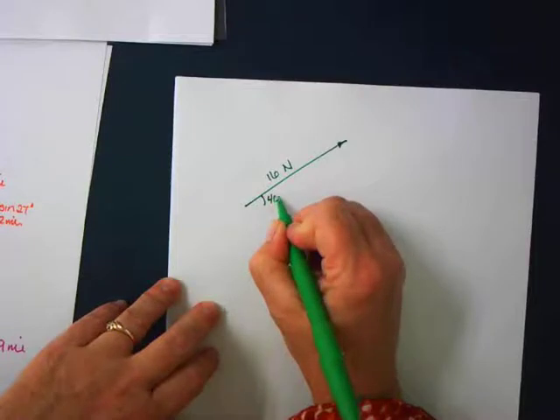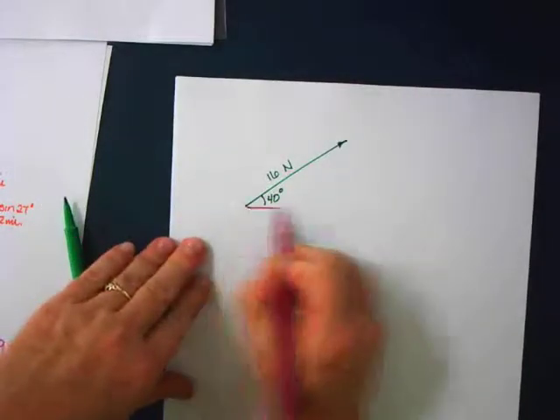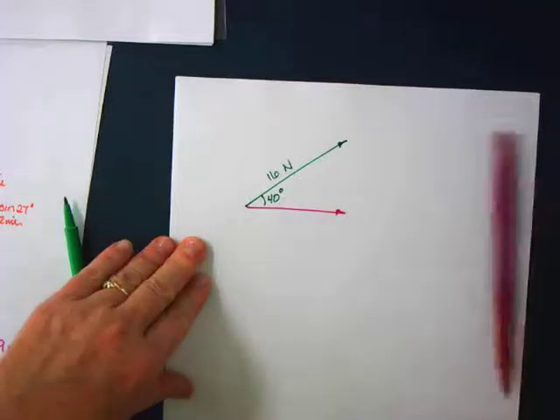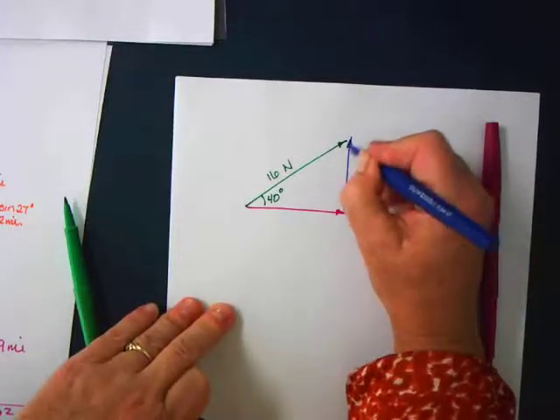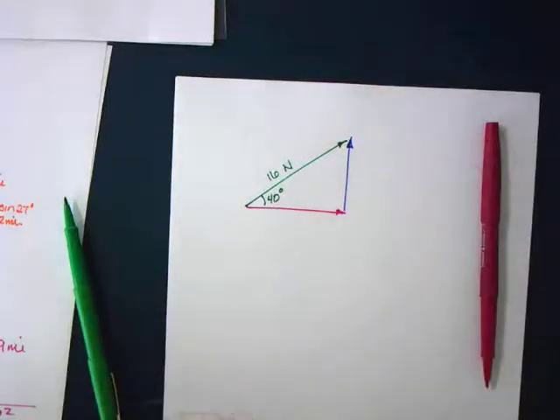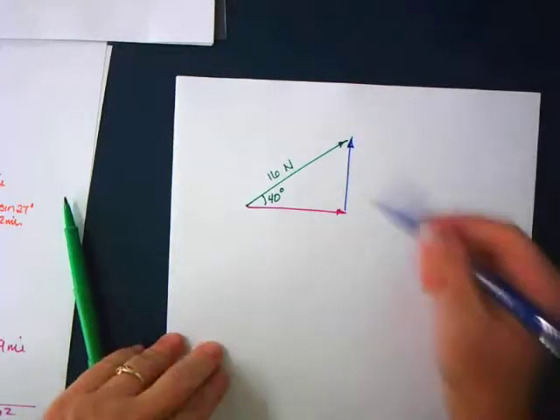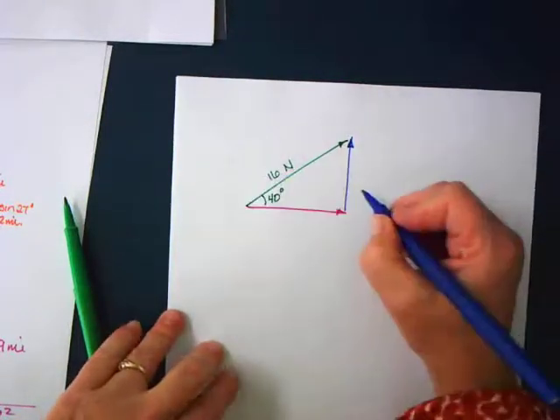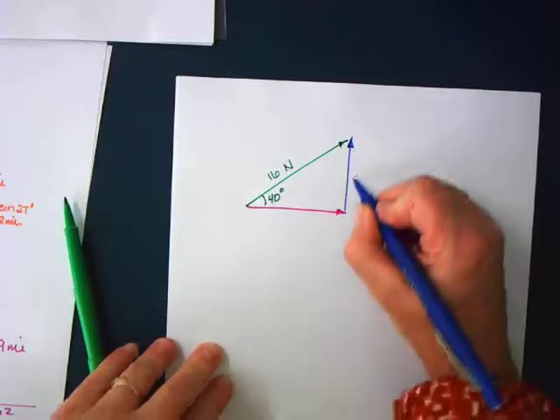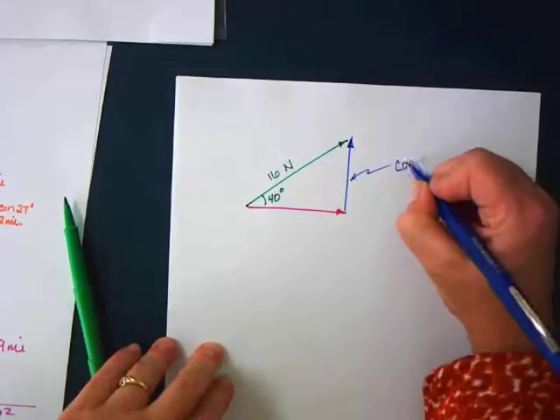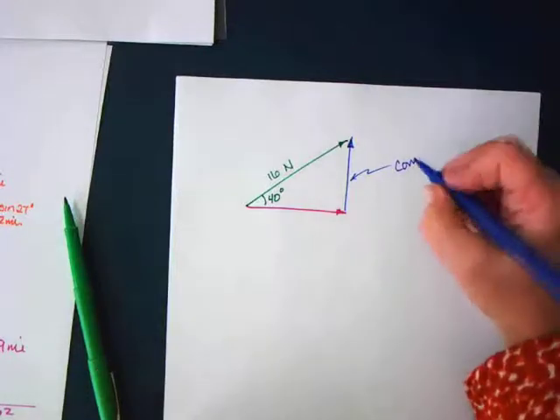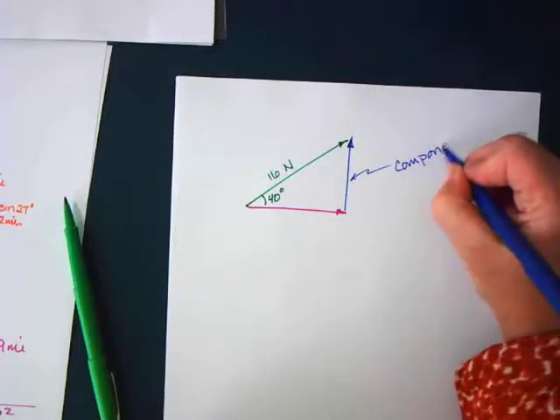But there's another method that you can use. It's called the component method. And for most vectors, there are some exceptions, but the components are the short legs of a right triangle.